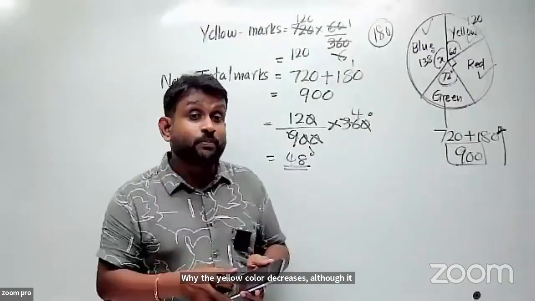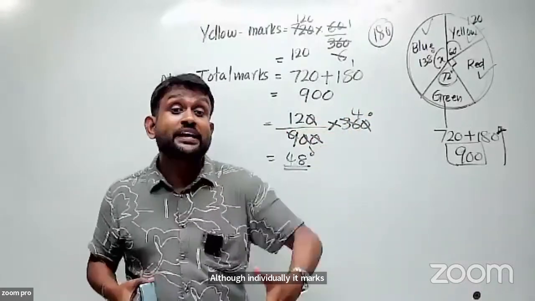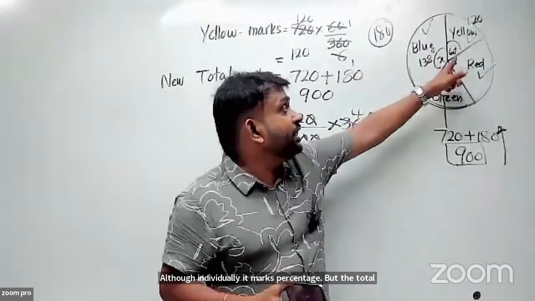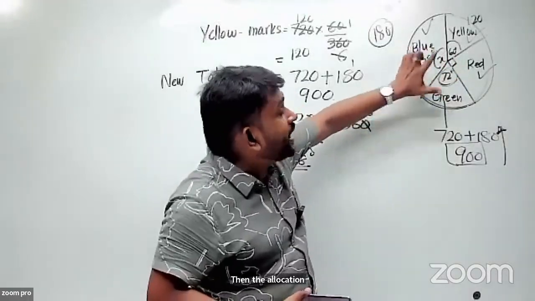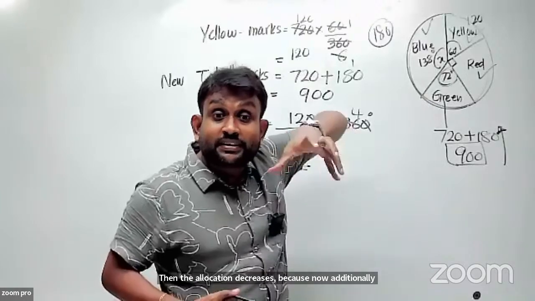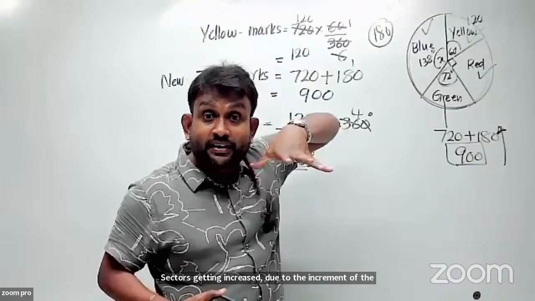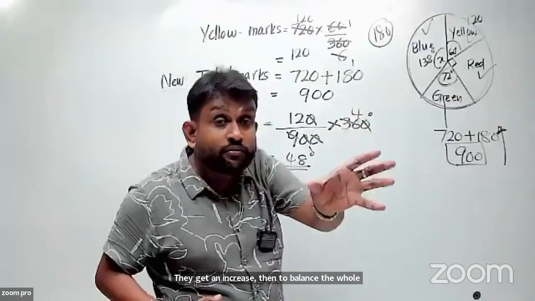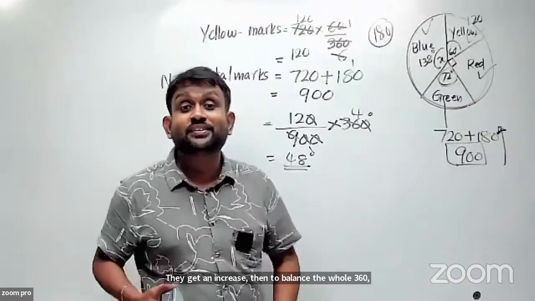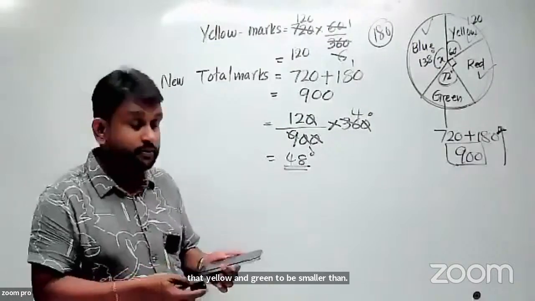Although individually its marks don't change, the total marks have increased, so the allocation decreases, because now the blue and red sectors are increasing due to the increment of marks. They get an increase, then to balance the whole 360, the yellow and green must be smaller than they appeared previously. Okay, right.